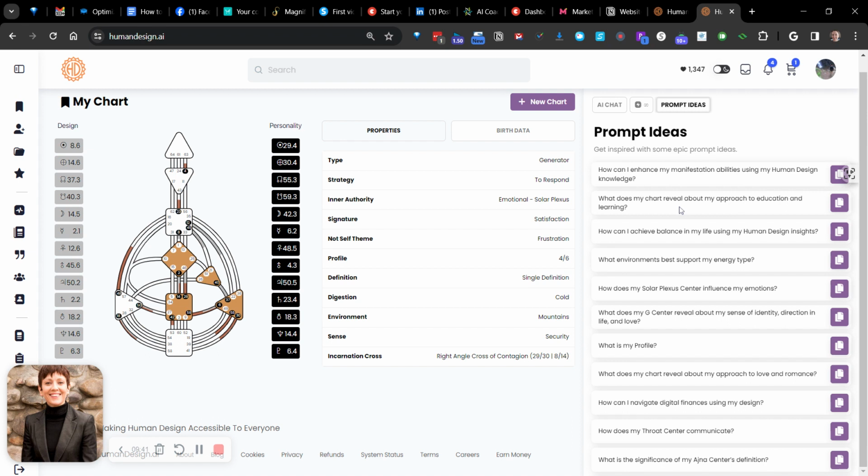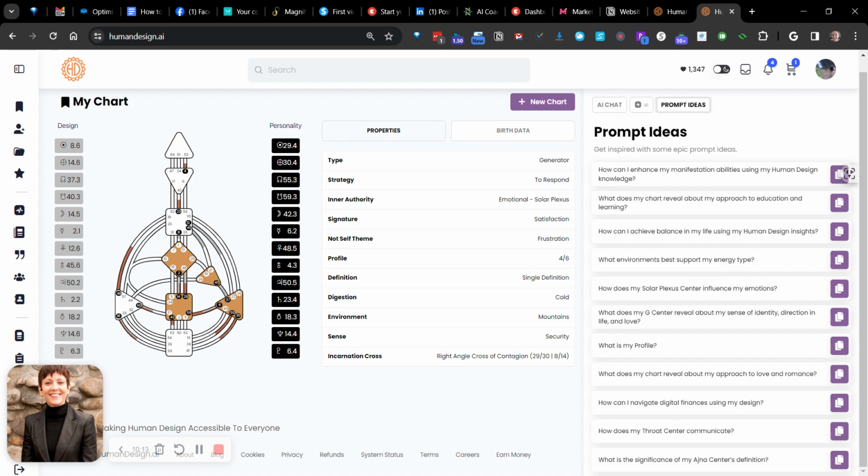What does my chart reveal about my approach to education and learning? You can turn that into my approach to business if you like. How can I achieve balance in my life using my human design insights, and so on and so forth? And if you want to learn more about all of these various aspects, there are questions ready for you here. What environment best supports my energy type? How does my solar plexus center influence my emotions?